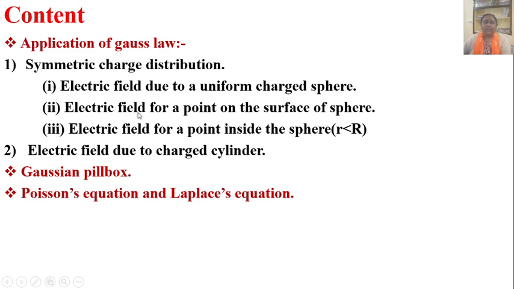Second point, electric field for a point on the surface of the sphere. And third is electric field for a point inside the sphere. Now, second application, electric field due to a charged cylinder. And also we learn here Gaussian pillbox, Poisson's equation and Laplace equation.